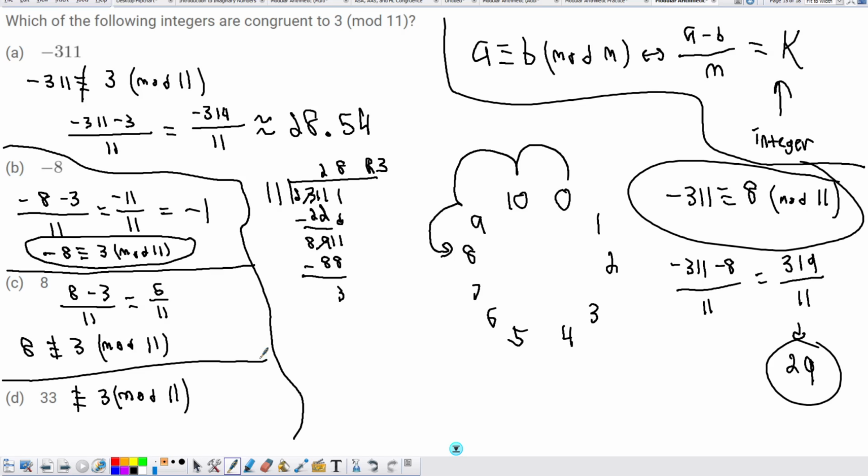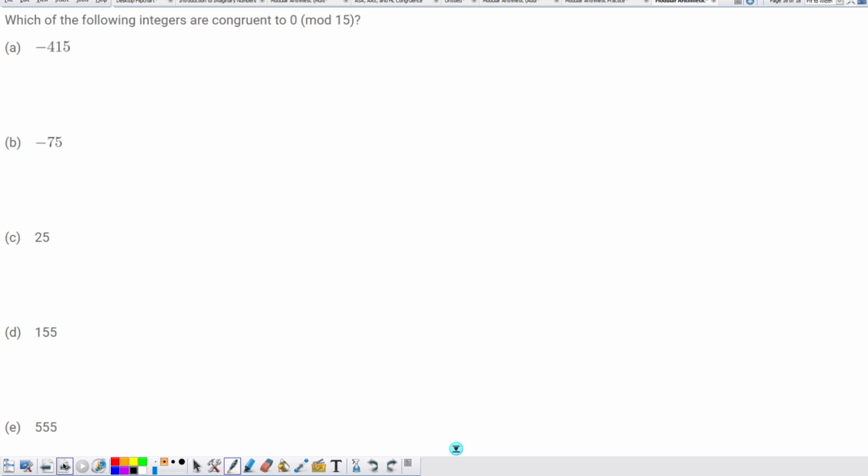So let's continue on with some more examples. Which of the following are congruent to 0 mod 15? One way we could think about it is that we just have to find multiples of 15.